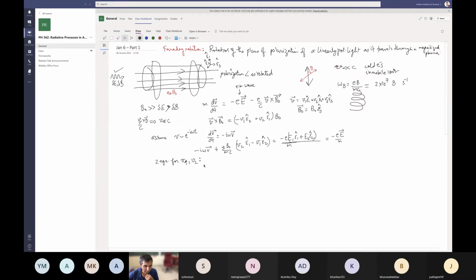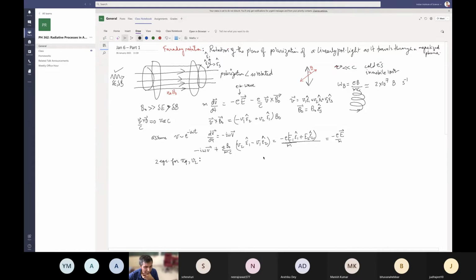But it turns out that things can actually simplify, because there is an inherent circular motion here. So let me do a little bit of a trick.